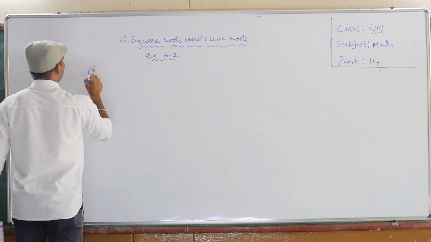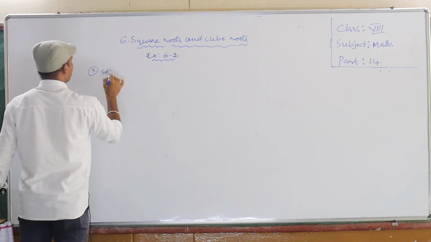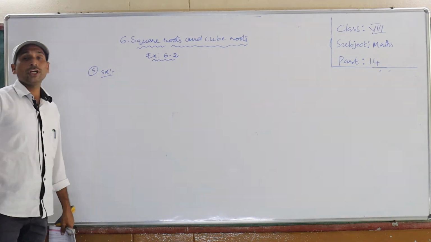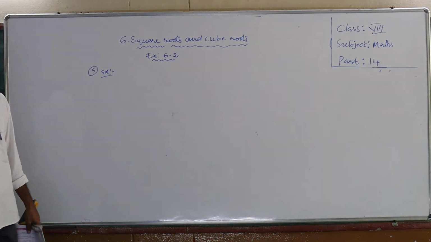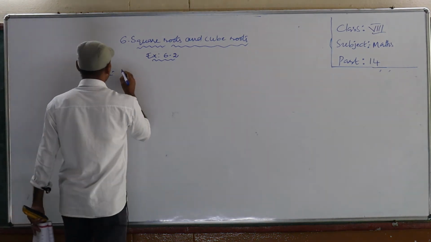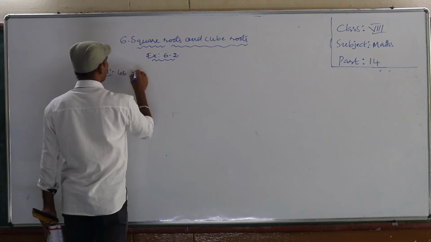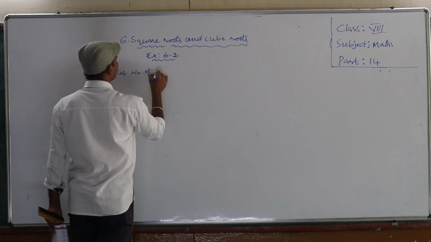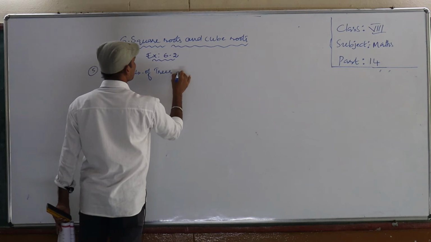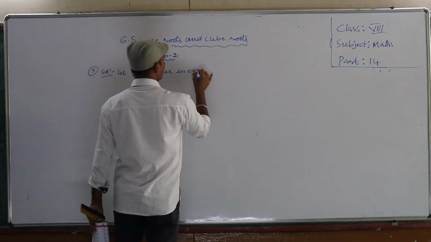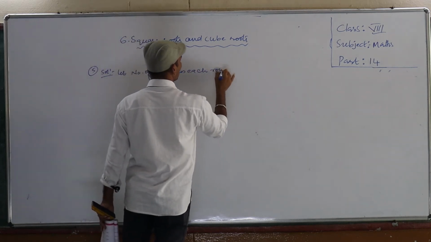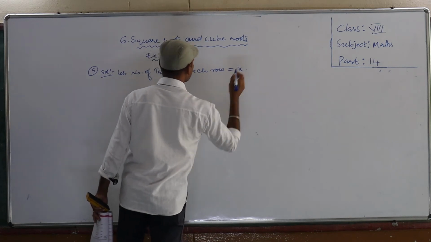Solution to the fifth one. First, we don't know the number of trees in one row. So let the number of trees in each row be x.